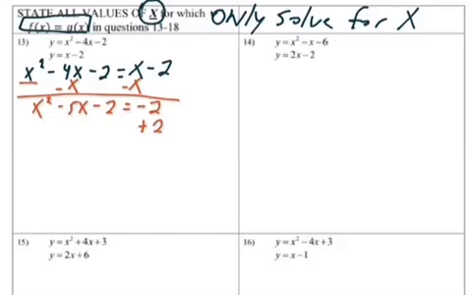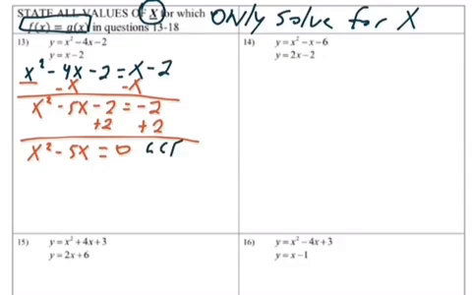Add 2 to both sides, giving you x squared minus 5x equals 0. Again, to solve, you can either factor or do the quadratic formula. In this case, I'm going to factor using greatest common factor, which is x. I'm going to divide out an x and get x parentheses x minus 5 equals 0.